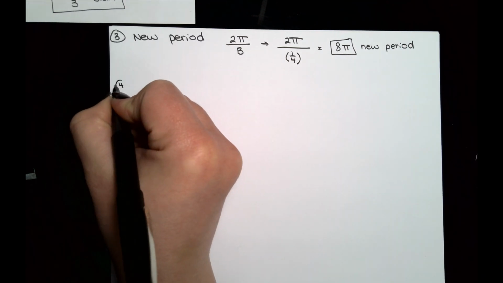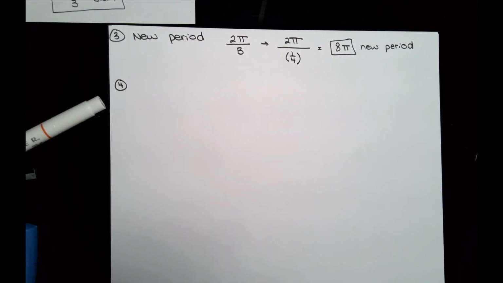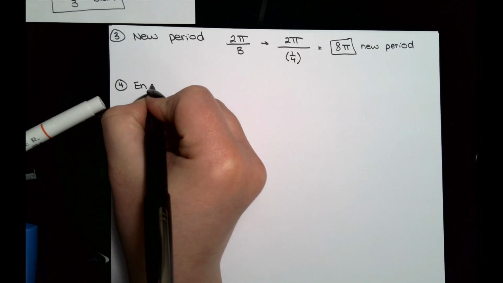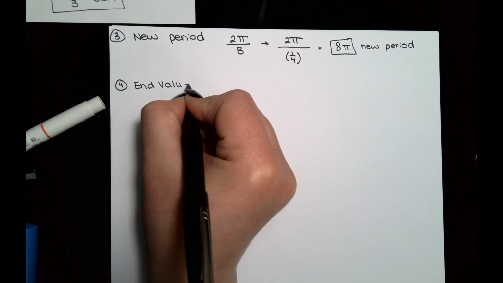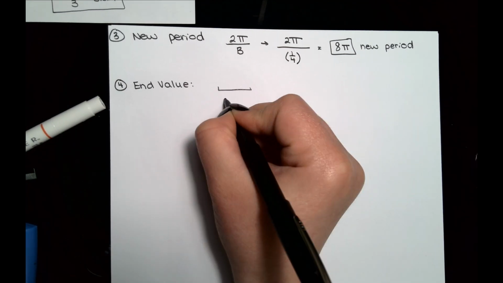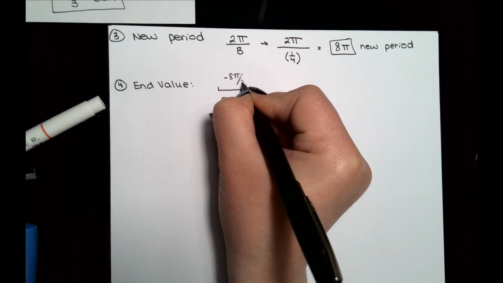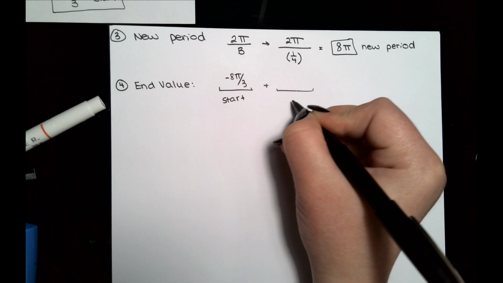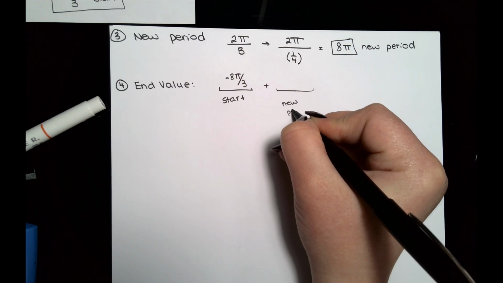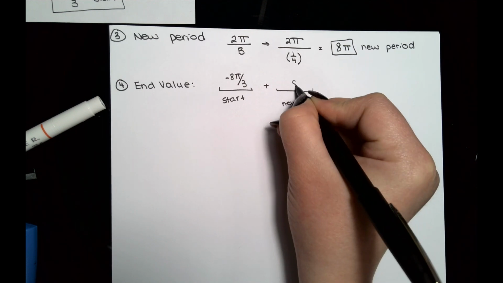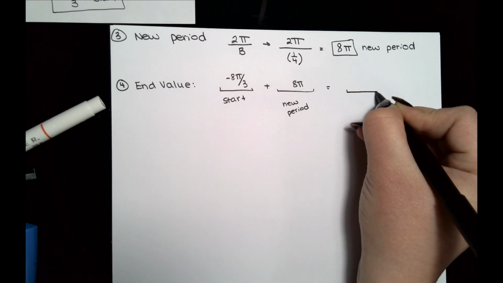Step number 4, we're going to calculate the end value. End value is your start value at -π/3 plus your new period at 8π, and that's going to be your end.